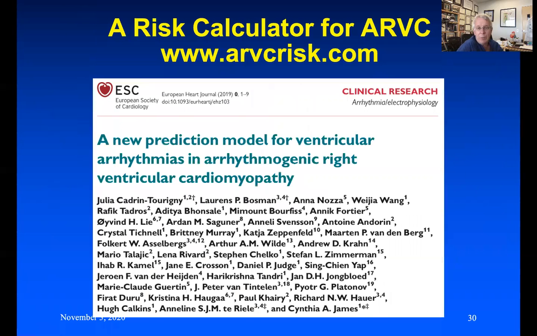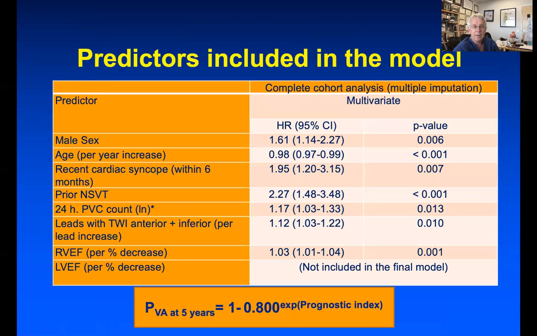Now, recently, we worked together with 5 other registries around the world to come up with a risk predictor. So on your cell phone, you can pull out your cell phone and with simple parameters, know what your risk is. And this is the analysis we did, the variables we included.